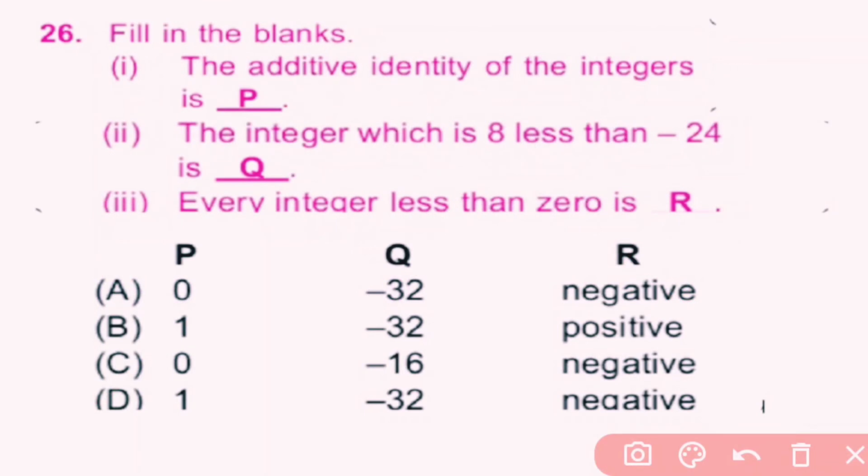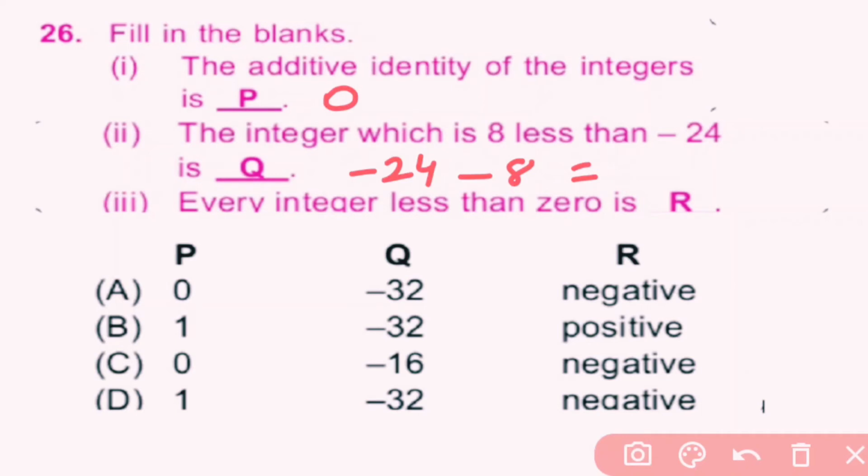Fill in the blanks. Option 1. The additive identity of the integer is P. Additive identity of integer is 0. Option 2. The integer which is 8 less than minus 24 is Q. 8 less than minus 24. Less than means minus and minus 24.